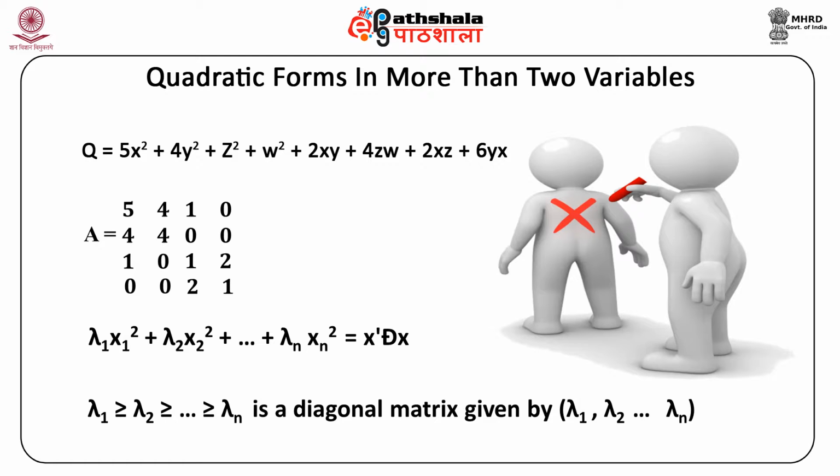The lambda i's represent the eigenvalues or characteristic roots of A. This formulation is helpful in determining the sign of quadratic forms.